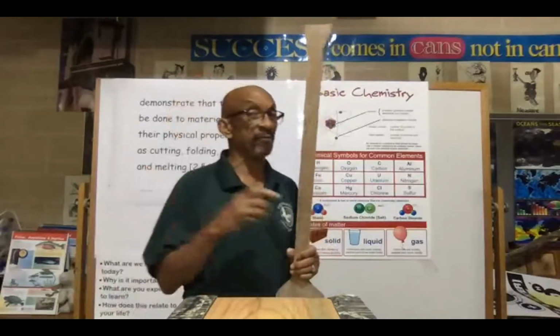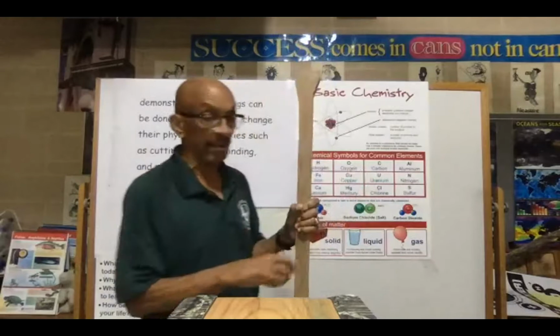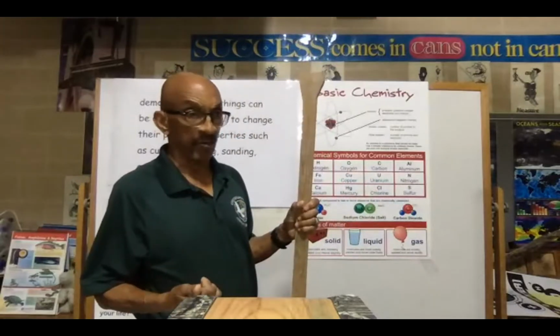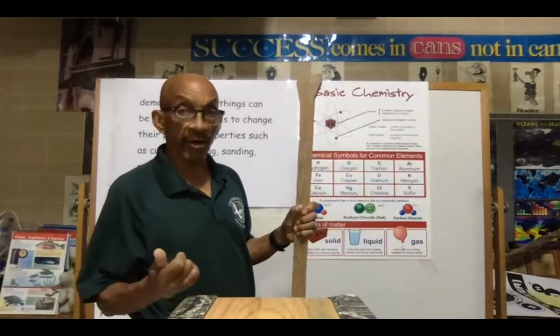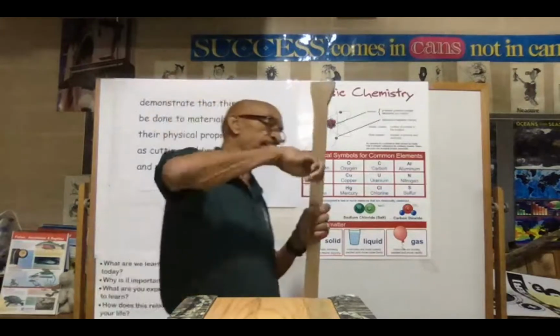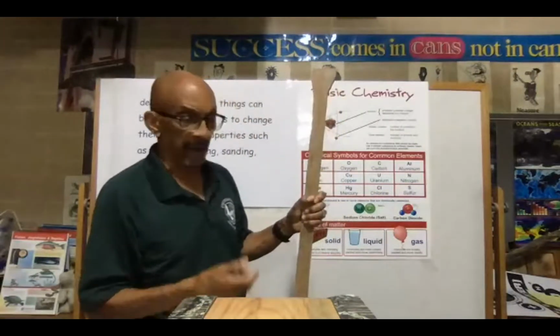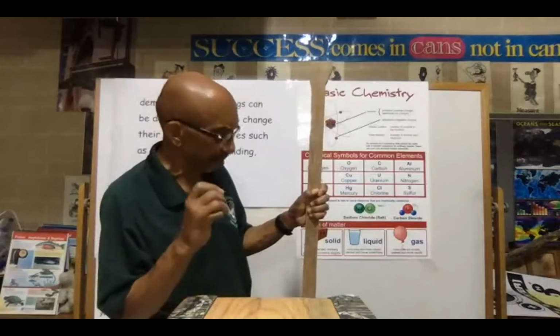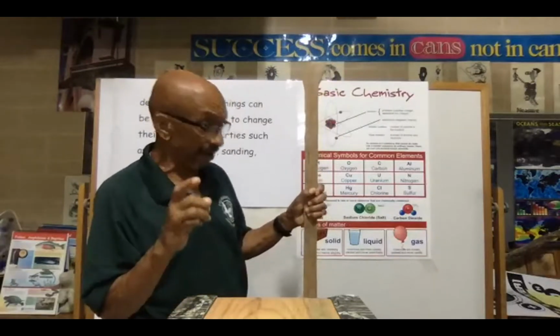Now, remember what Mr. Ramirez said about something being flexible and something being rigid? Wood is rigid. It's not going to fold. It's not going to bend. It has no flexibility to it, maybe just a little bit, but not very much.